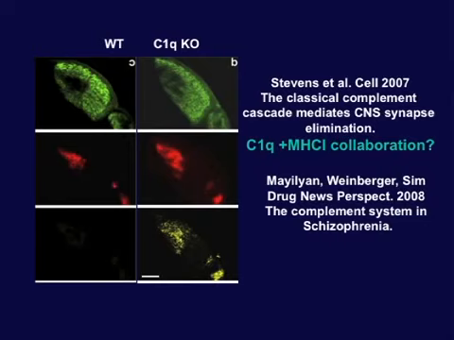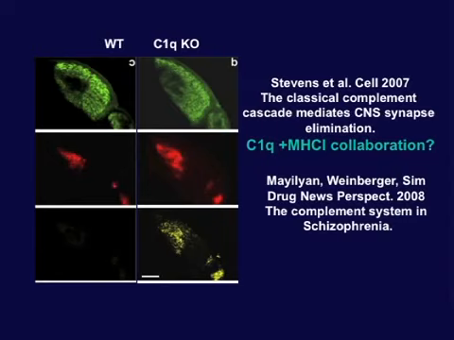Beth Stevens and Ben Barres discovered, in completely separate experiments, that ganglion cells express C1q, also not supposed to be in neurons, and when they looked at the C1q knockout, the exact same thing happened. Here's the pixel overlap. So somehow there might be a C1q MHC collaboration. I just want to remind you that these are really related to the inflammasome and to the process, again, of regression and elimination. Okay, so that's true.